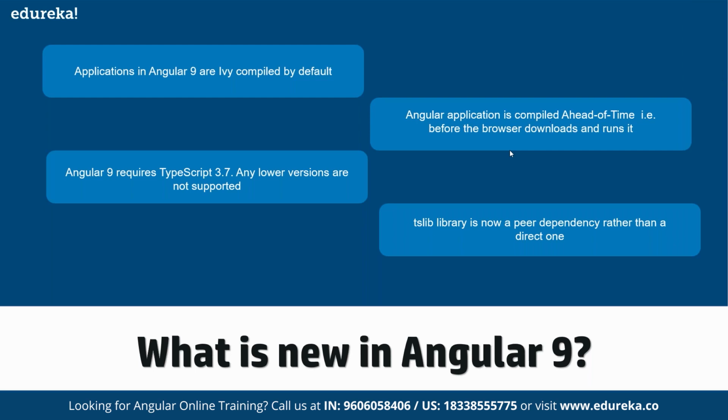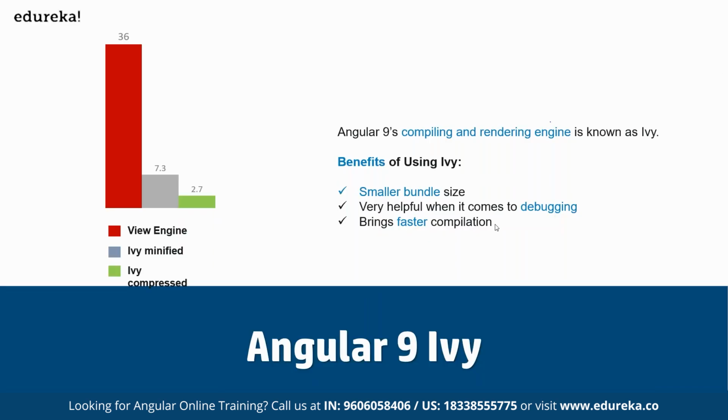So now if we talk about Angular 8 Ivy, the view engine, the Ivy minified and Ivy compressed, then Angular 9's compiling and rendering engine is referred to as Ivy. Once the entire application is completed, the rendering engine used by Angular is what Ivy is.